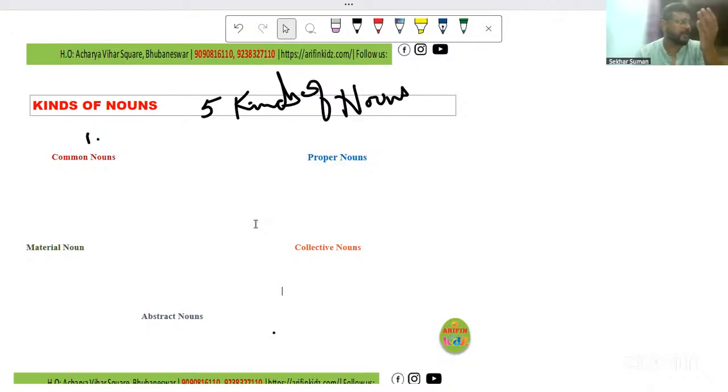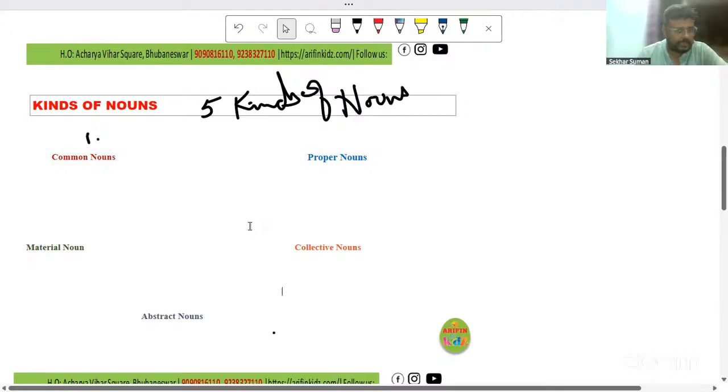Just like if we pick nouns, nouns have the feature of being a naming word. If anything, any place, any person, any animal, any abstract thing, if there is a name which we can say, then it is going to be a noun. So this is the basic feature of the first category, that is noun.